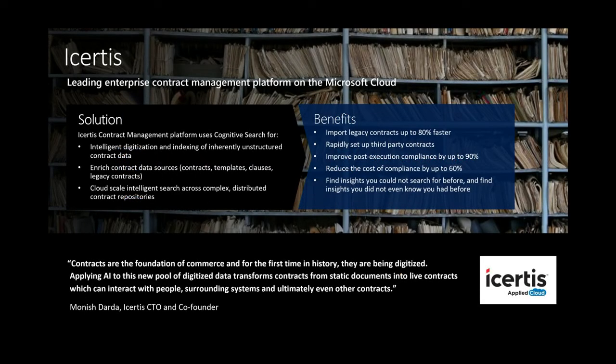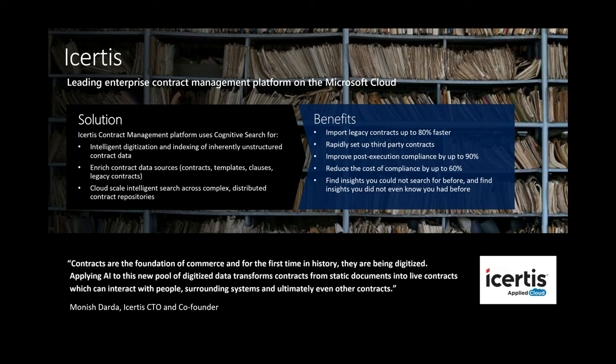So Icertis is a contract management company. Not sure how many of you have heard of them, but they have got millions of contracts that they manage across many, many organizations, including many Fortune 100 organizations. So what they were struggling with is that you have got all these documents, and with a lot of privacy compliance constraints coming in, for example, GDPR, they're like, okay, how do we make sure that if there's a GDPR specific clause, which I want to dig out from all these documents and create alerts if there are issues, I'm able to look at them?